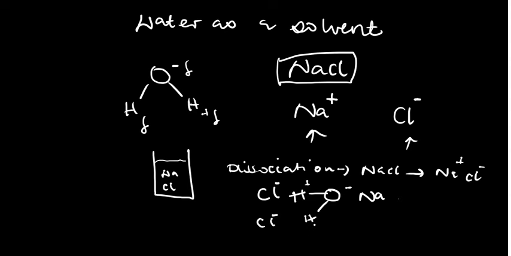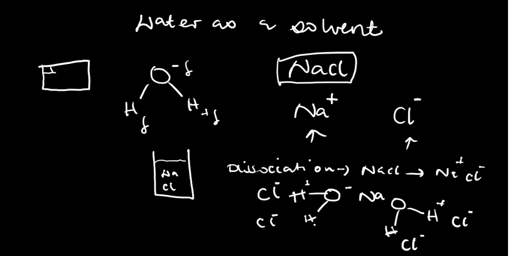Okay, so the oxygen side will be facing the positive atom because of the different charges that we have, and the same thing will happen. Chlorine will be facing hydrogen because of the opposite charge. So because of this, we have what we call a lattice. You can imagine it like a box of many sodium and chlorine atoms.